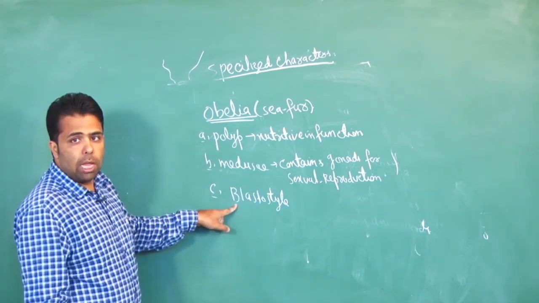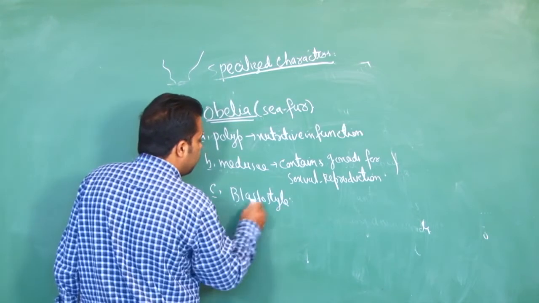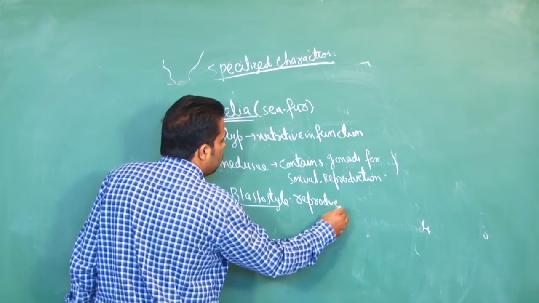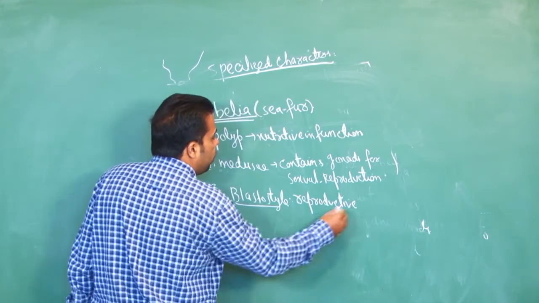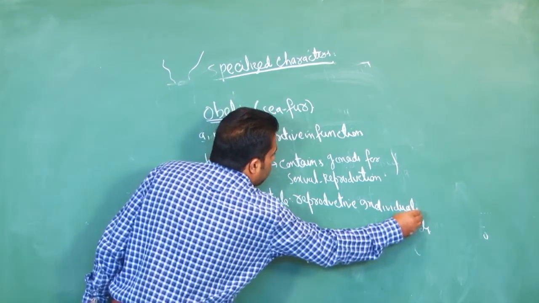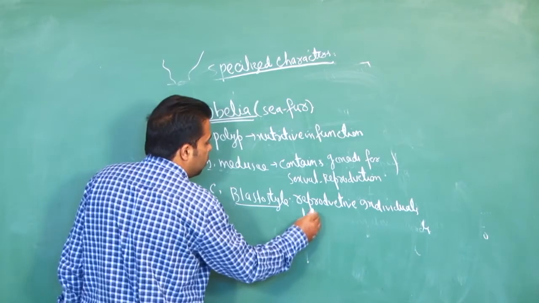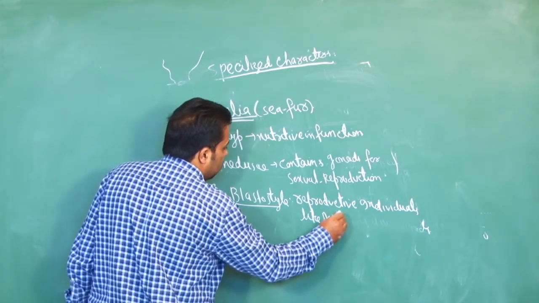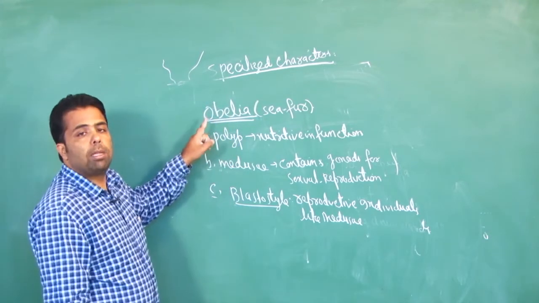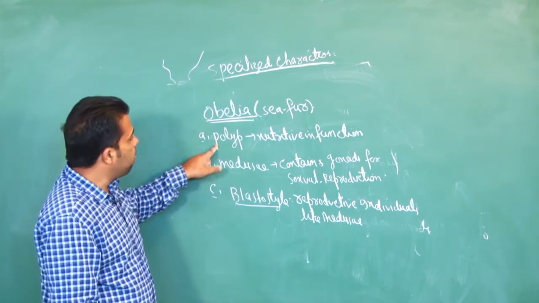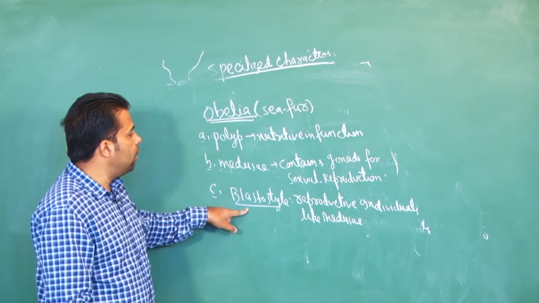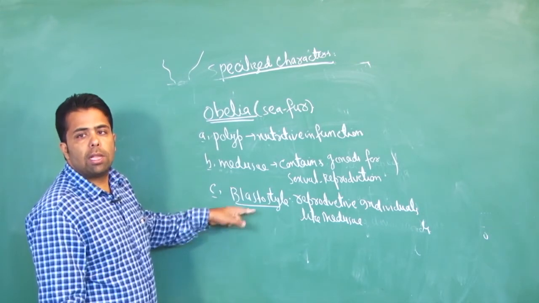And the third one, blastostyle, it forms reproductive individuals like medusae. So these zooids have different functions in this colony. For example, the polyp is nutritive in function. Medusa contains gonads for sexual reproduction. Blastostyle forms reproductive individuals like medusae.